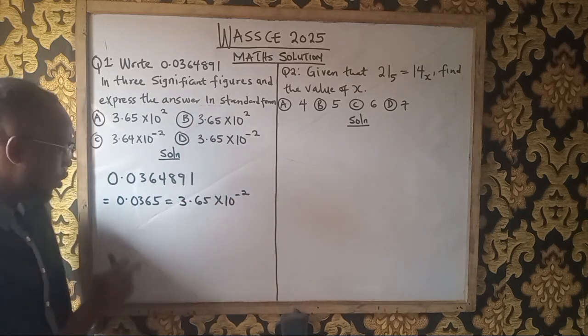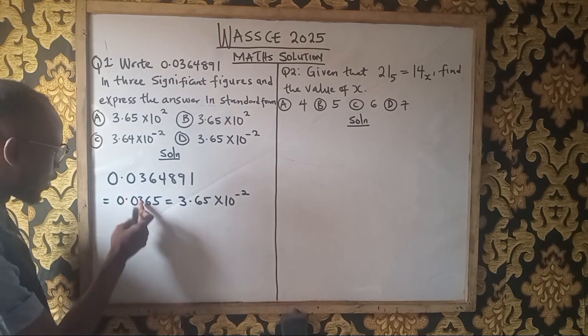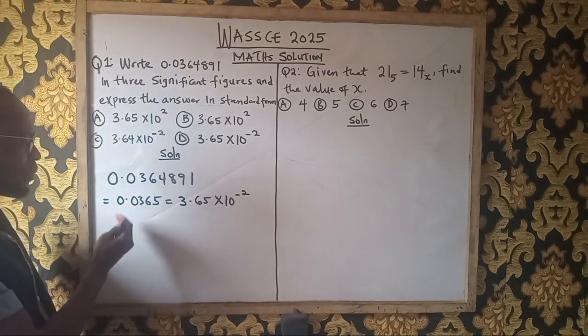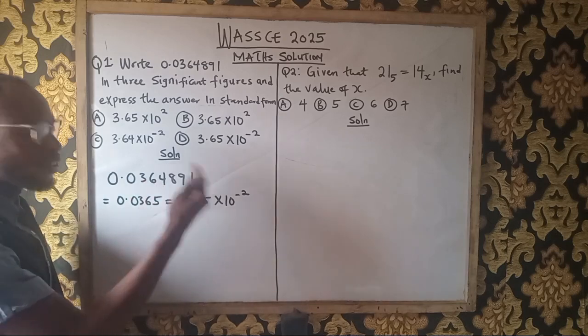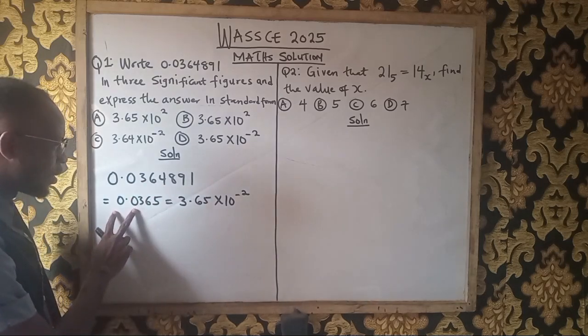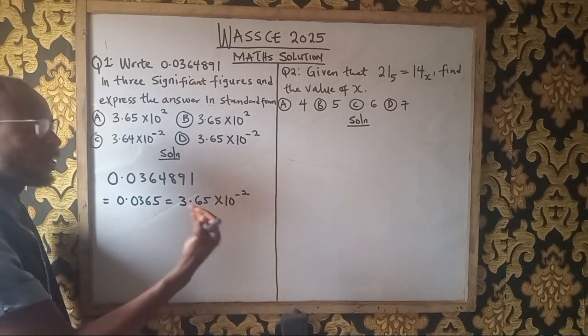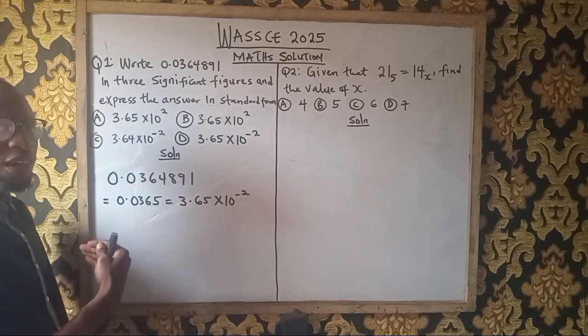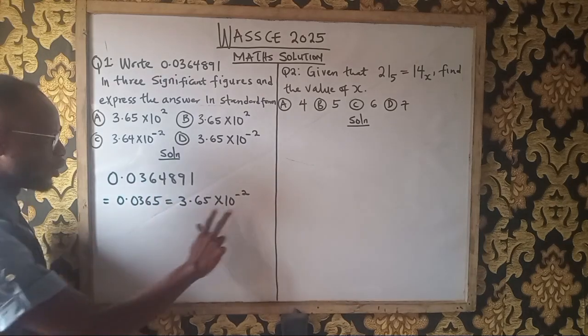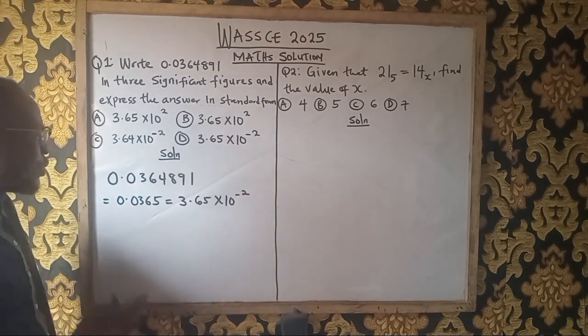Just count the number of zeros before the relevant numbers, which is 2 in this case. So that will be 3.65 times 10 to the power minus 2. And if zeros start a number, it's going to be a negative power. So that is our answer.